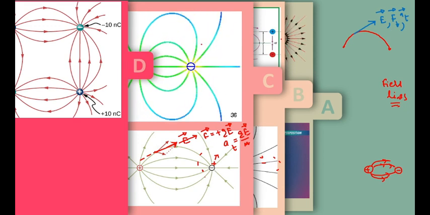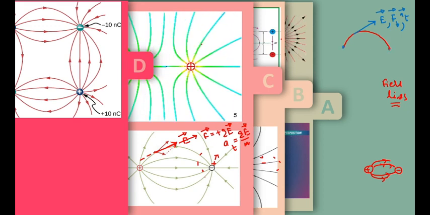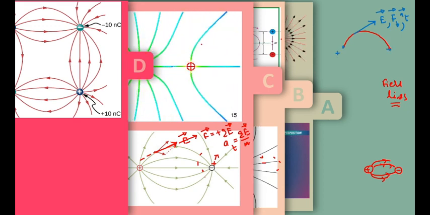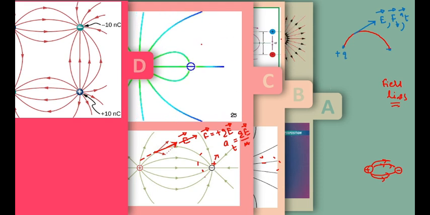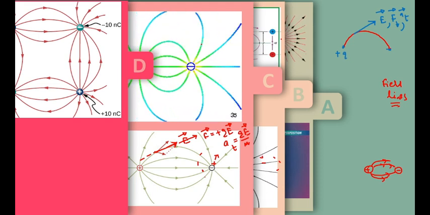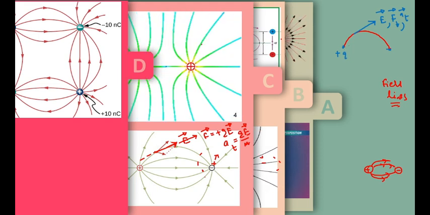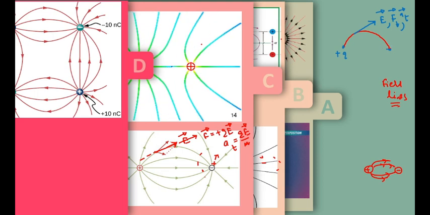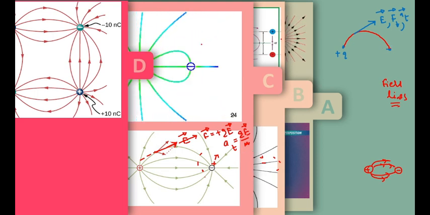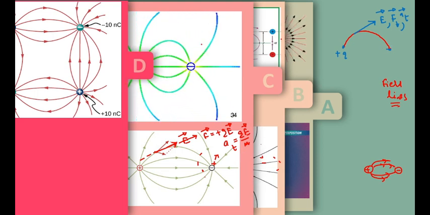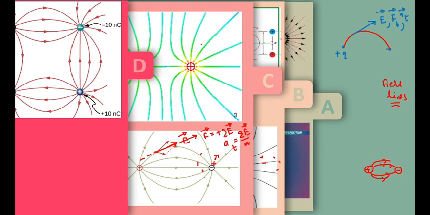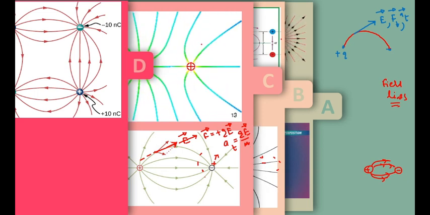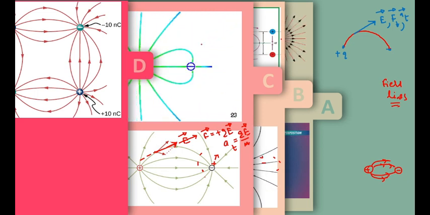Correct? But if a charged particle plus q is here, can we say that this is the same trajectory along which the charged particle moves? Later on I will put this question, so then you have to search for the answer. I will keep you in the world of trance for some time so that you are thinking about it, and hopefully you will come up with the answer.